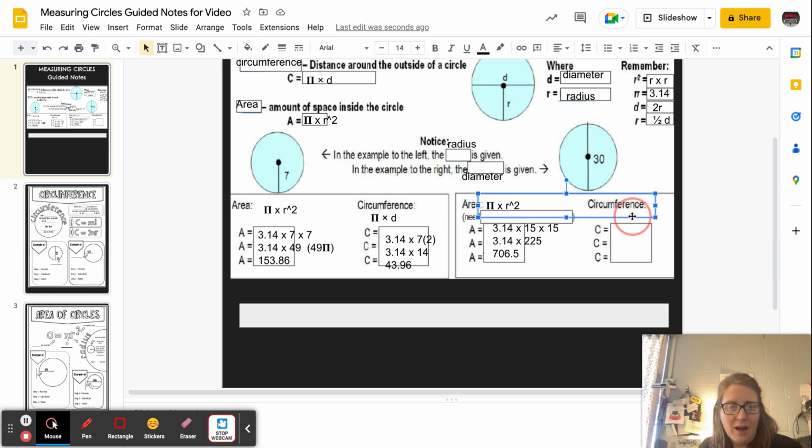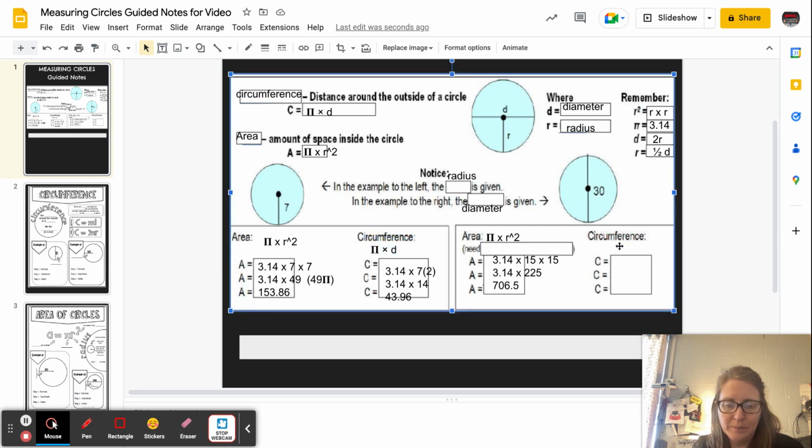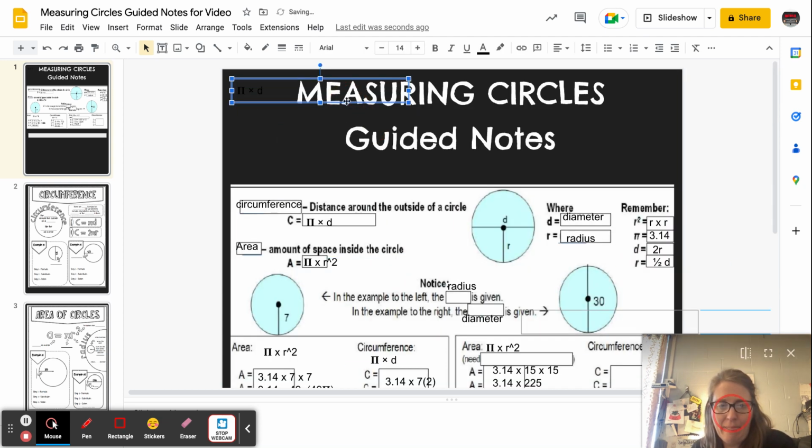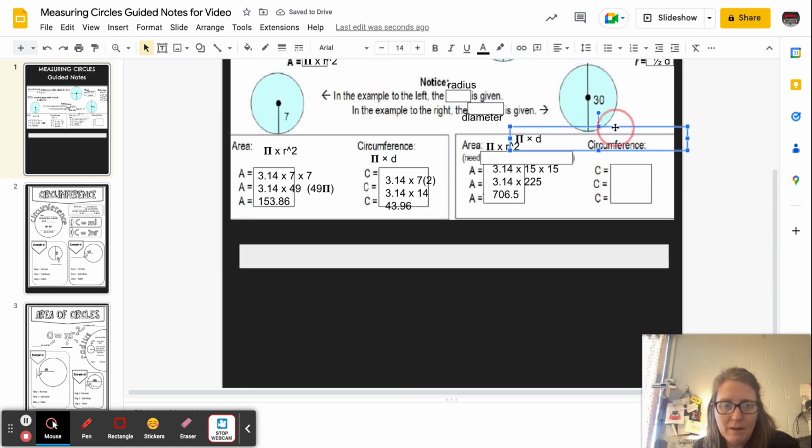Put that in there. All right, and then finally, to get the circumference, we need pi times diameter. So let's go ahead and copy that, pi times diameter. Put it over here. All right, and then the circumference would be 3.14.